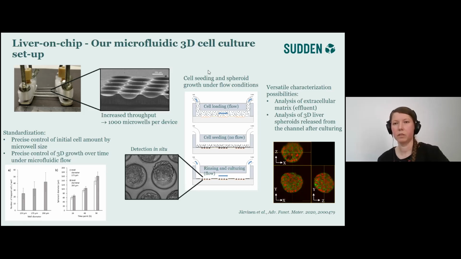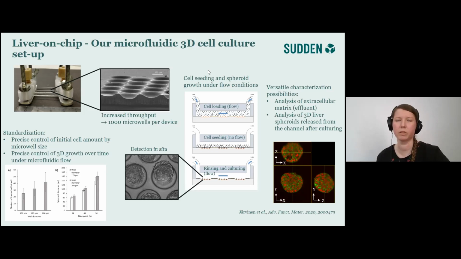And with this, we have possibilities to make versatile characterization of the system. We can control what's going into the chip, and then we can analyze what's coming out from the chip.